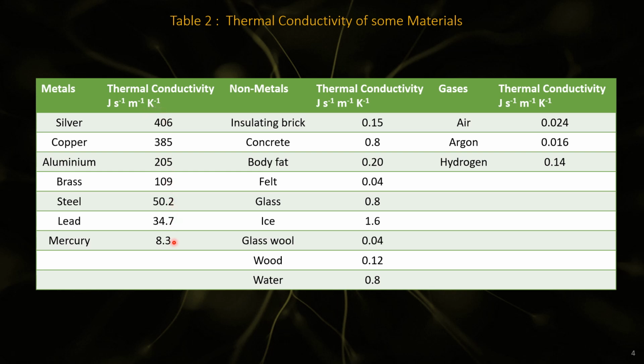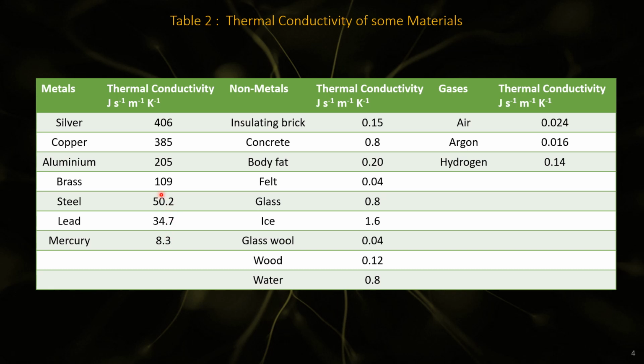If you see the figure, silver amongst all the metals has a very good thermal conductivity of 406. Next is copper.